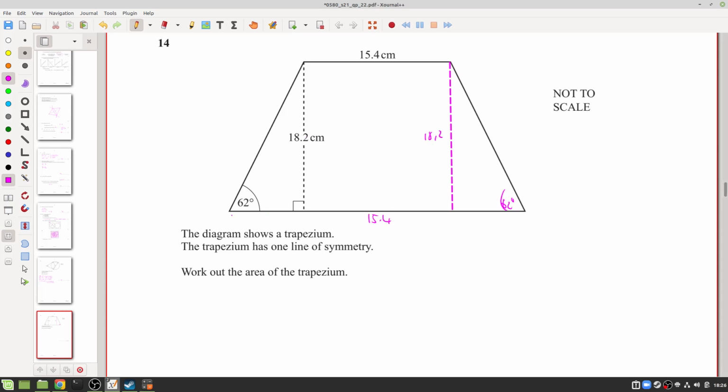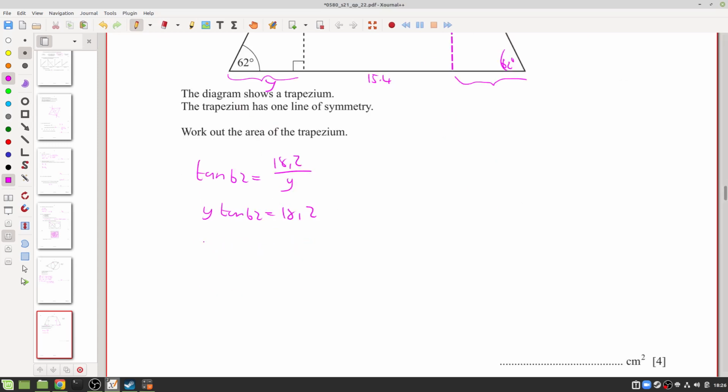So we can find this length here, which is the same as this length here, by using trigonometry, right? So we can use tan. We can say tan of 62 is equal to the opposite divided by the adjacent. Let's call this y. Okay, so to get y, multiply both sides by y, and then divide both sides by tan 62.